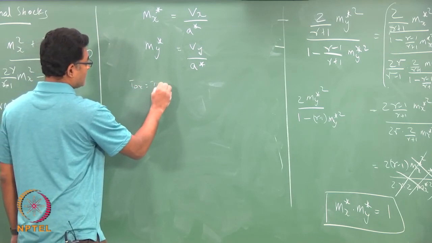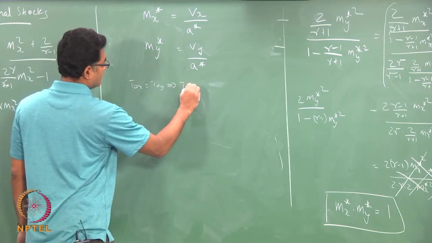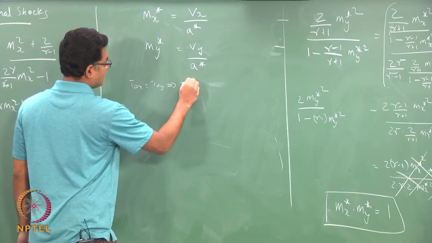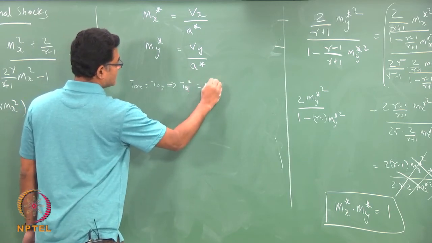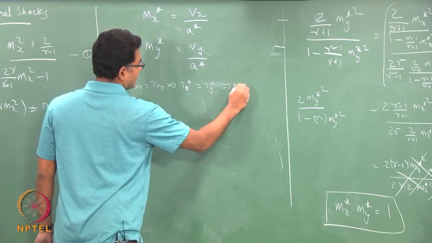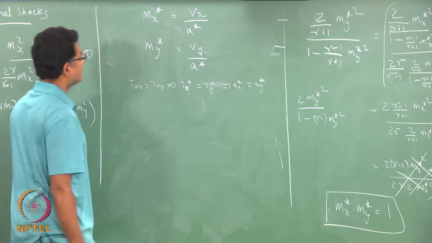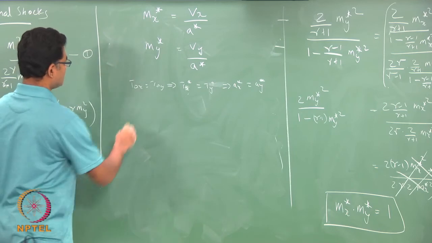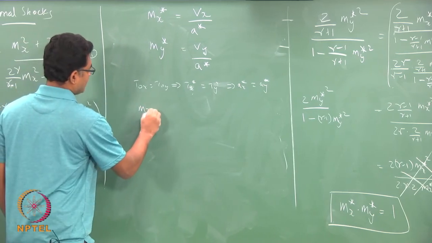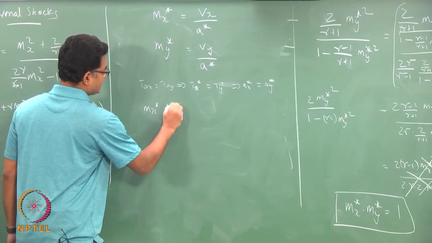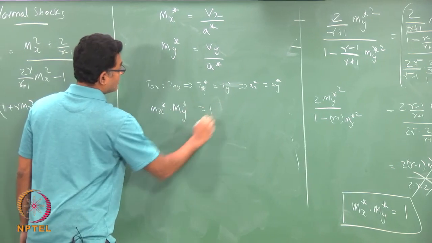T0x equals T0y implies your Tx star equals Ty star implies Ax star equals Ay star. Okay. Now the product of this is what we had seen just now, which means Mx star into My star equals 1.